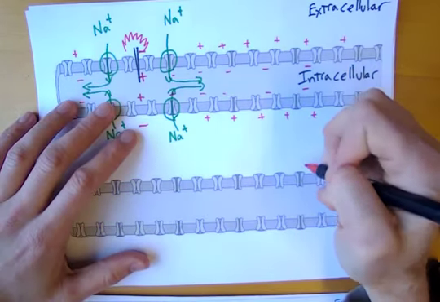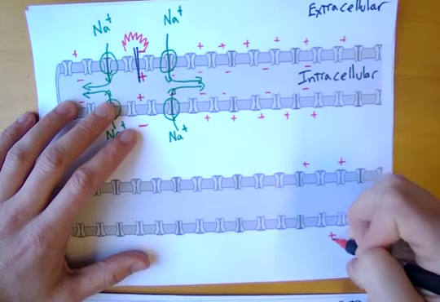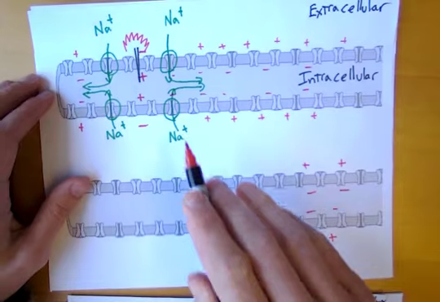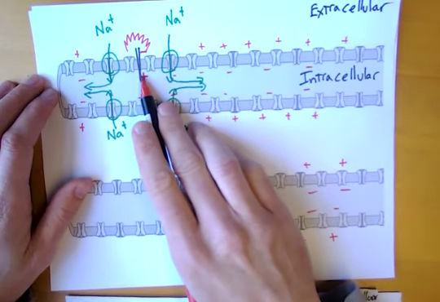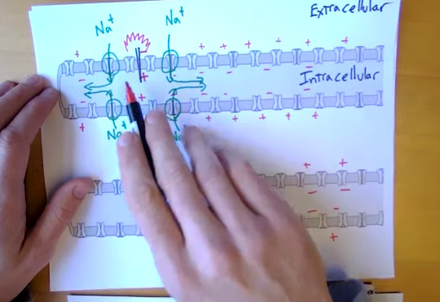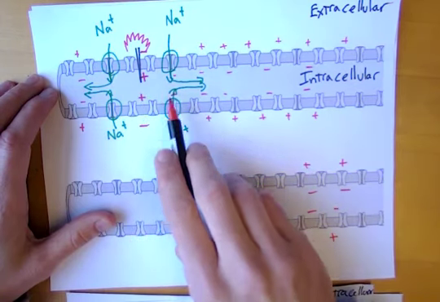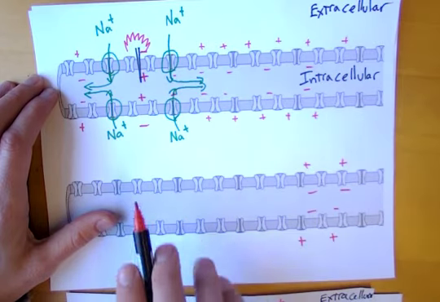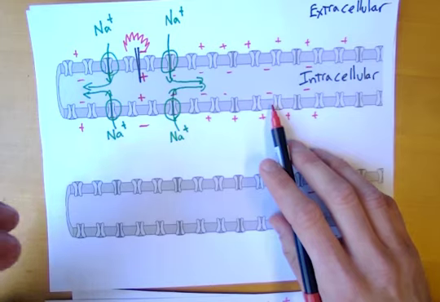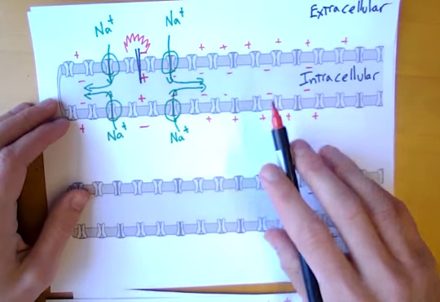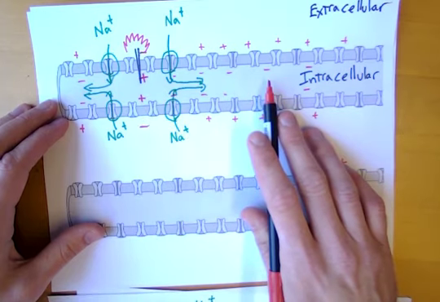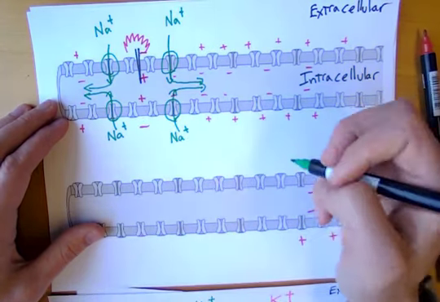And so what does that do to the rest of the axon? Well, it acts just like what we did with our electrode pumping in a little positive charge. These sodiums are pumping in a little positive charge. And if it's enough to get them from -65 to -55, well then, the same thing that happened here is going to happen here, further down.